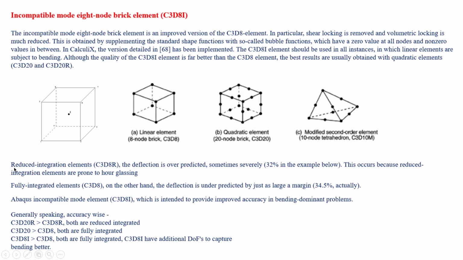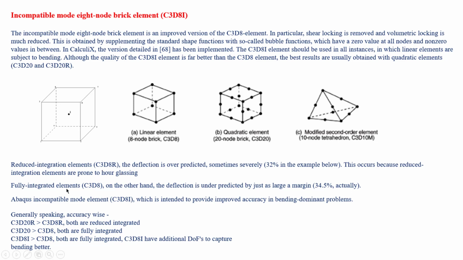When it comes to reduced integration elements, we have seen there is a 32% variation in the results, so we can't use them due to the hourglassing effect inside the C3D8 reduced integration elements.